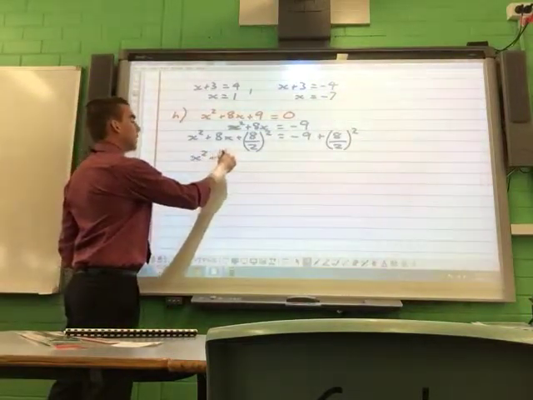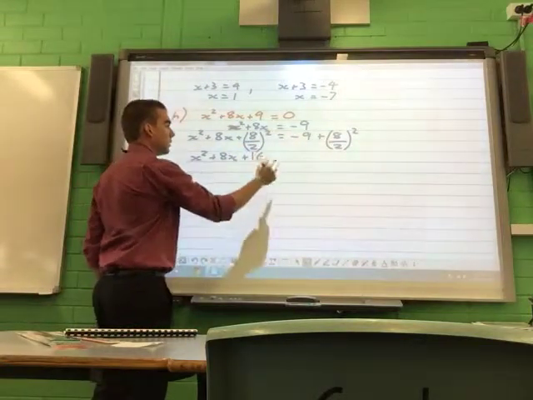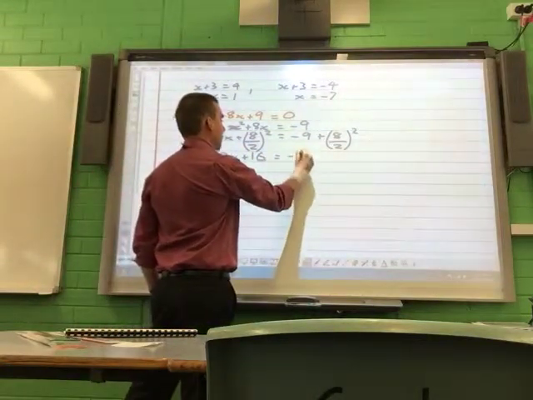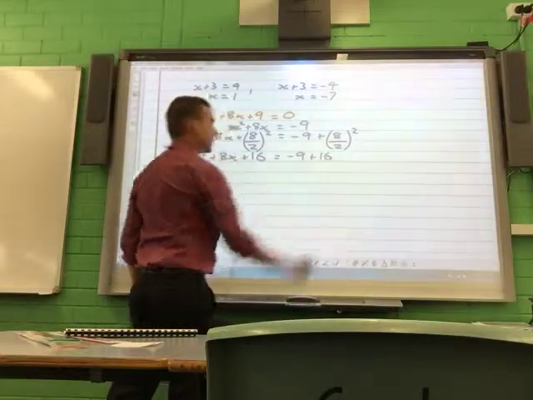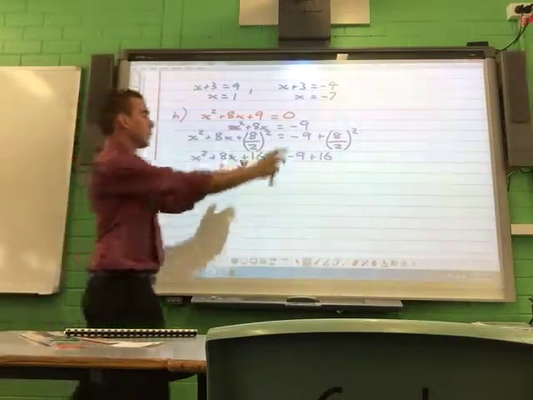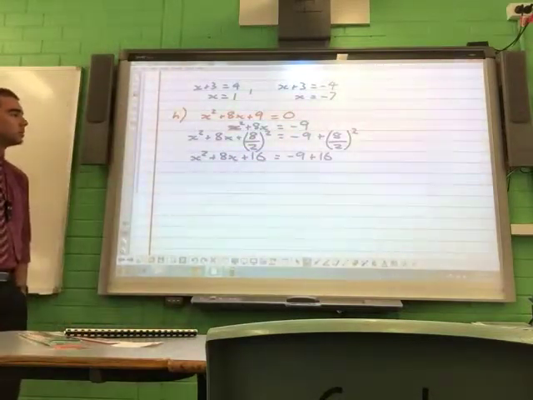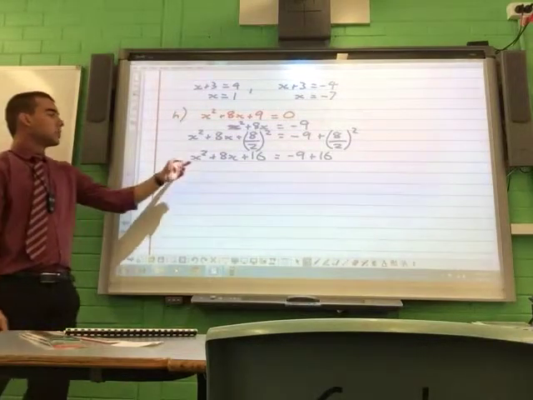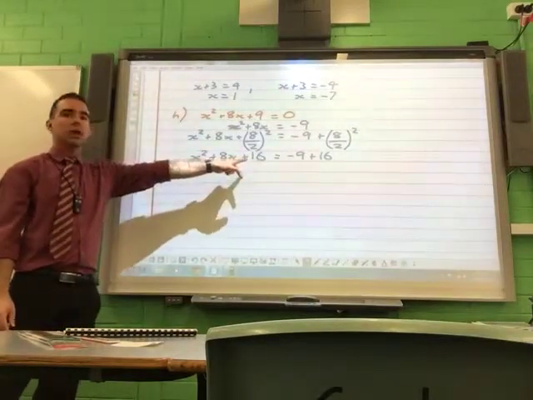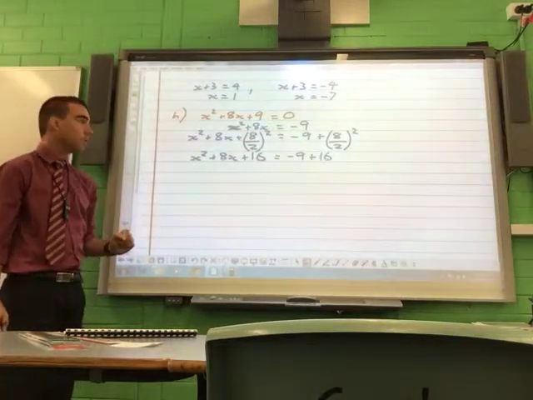x squared plus 8x. 8 divided by 2 is 4. 4 squared is 16. Is equal to negative 9 plus 16. So on both sides I've included another 16. Two numbers multiplied to give 16, same two numbers add to give 8. 4 and 4.